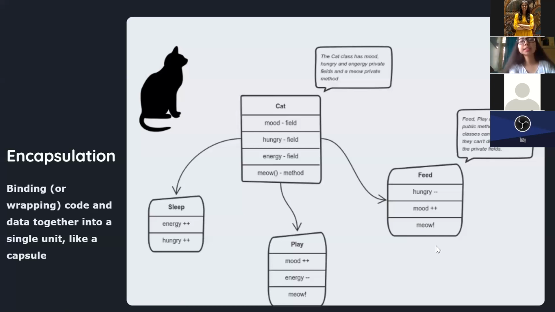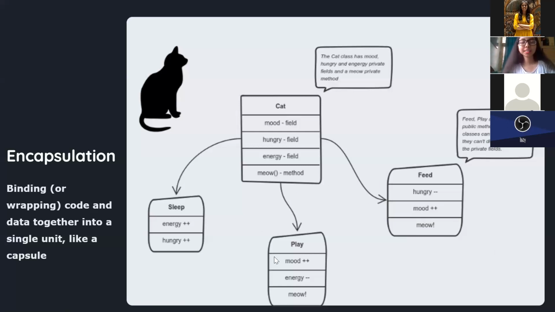If we feed the cat, and we have defined the feed method in such a way that hunger should decrease, quite obviously, if we feed the cat, its hunger should decrease, mood should increment, and by getting fed and feeling happy, the cat can call its meow method, and that's how it can meow.